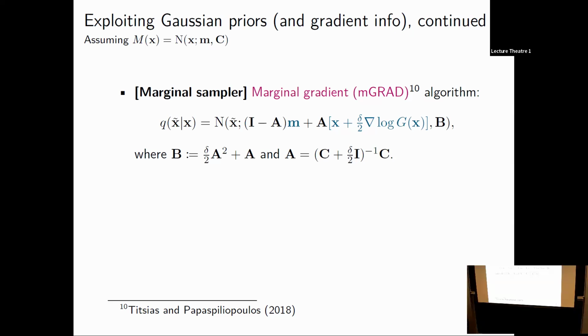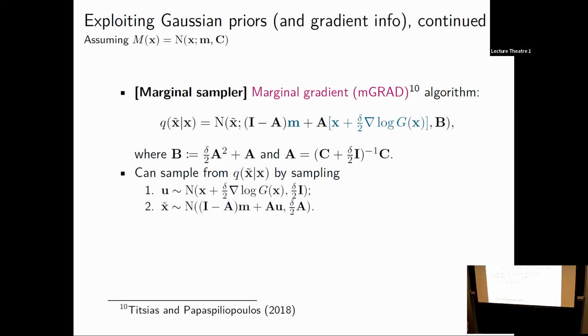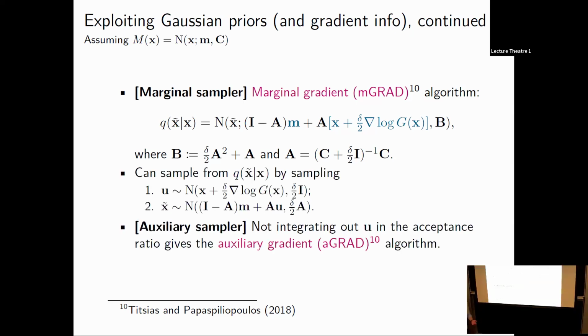But if A is the identity matrix, then you essentially have the mean of the MALA proposal. So again, this algorithm combines both prior information and gradient information. And again, we can construct an auxiliary sampler of this, which is called the auxiliary gradient algorithm.